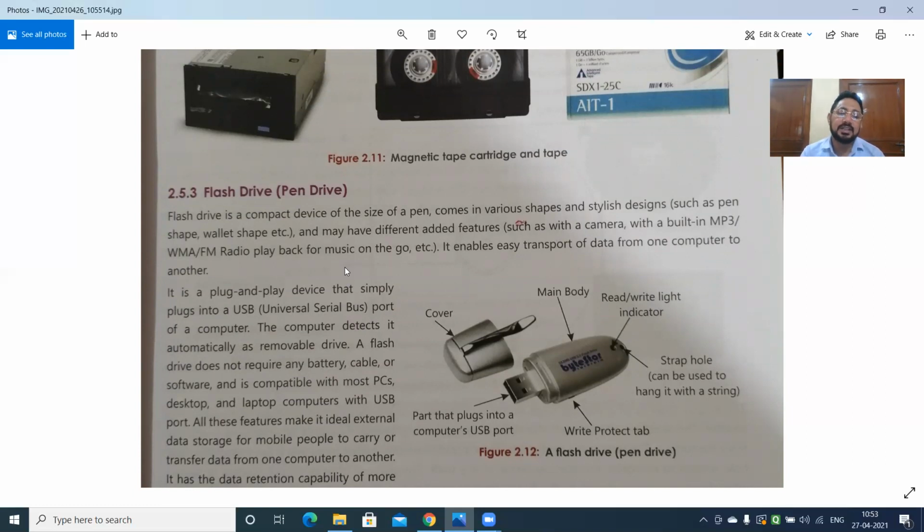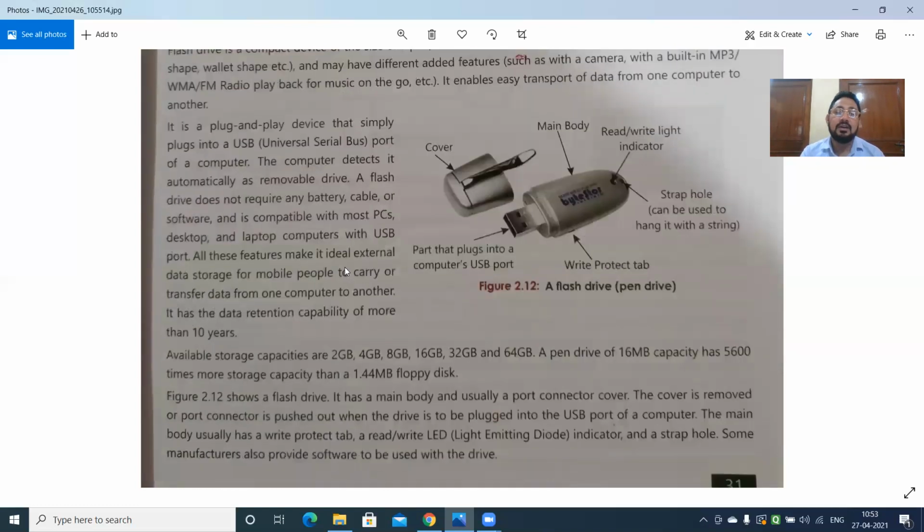The computer detects it automatically as a removable drive. A flash drive does not require any battery. Of course, as you attach it, the current flows automatically to it from the system itself, and it is compatible with most PCs, desktops, laptops, and computers with a USB port.